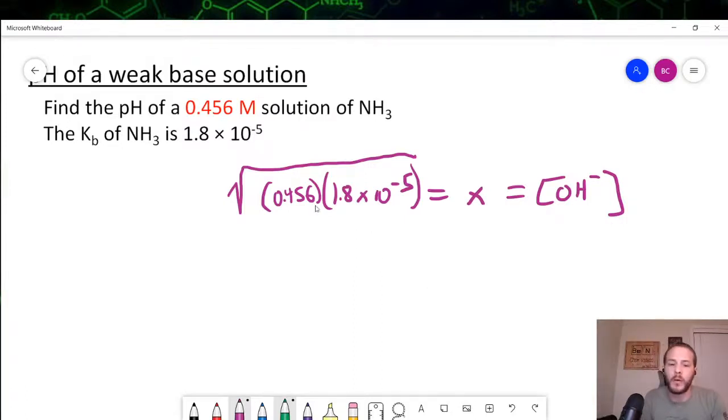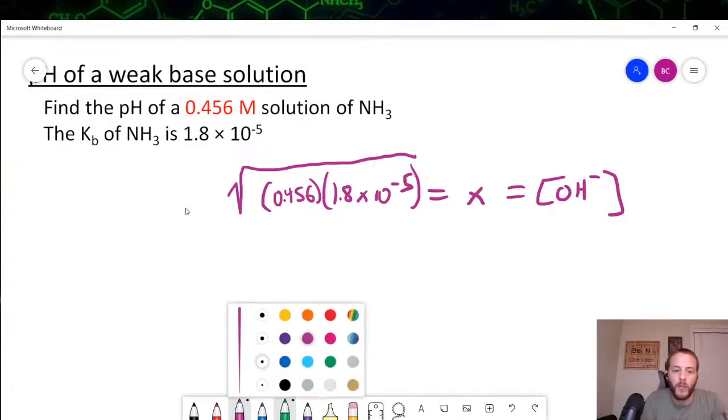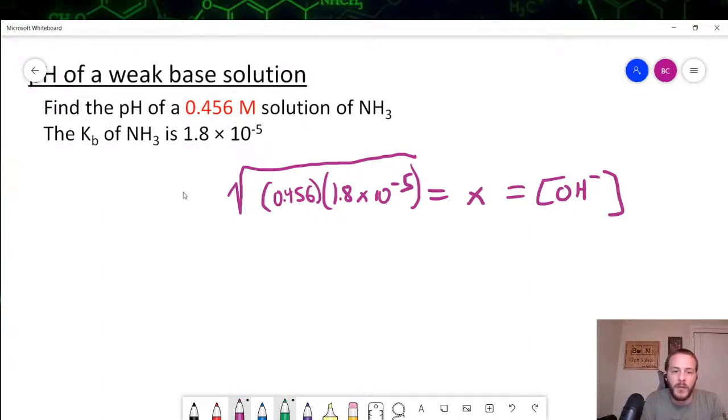So if you calculate the square root of this product, what are you going to get? Well, luckily I've done this problem ahead of time, and I got a value of 2.9 times 10 to the minus 3 molar. So that is our hydroxide ion concentration.